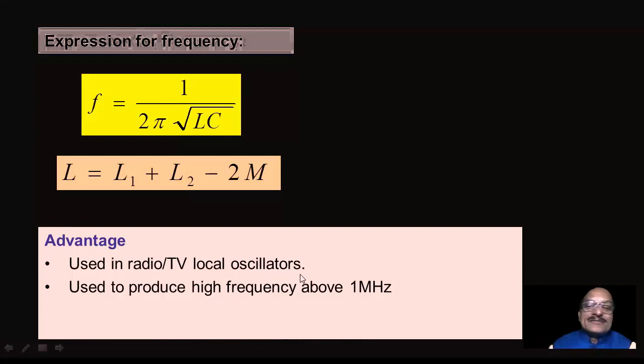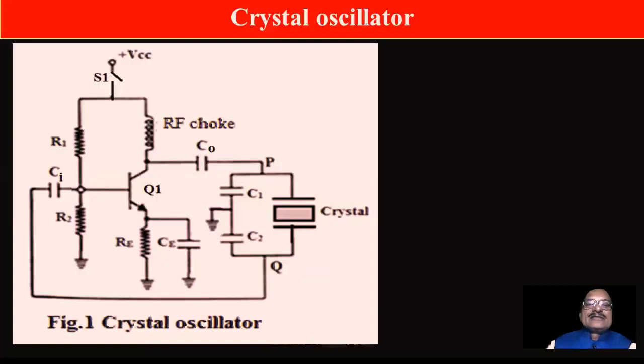We can't listen to frequencies of megahertz; human ears are not sensitive to megahertz frequency. Whatever frequency is received by the antenna of the TV or radio receiver is in kilo or megahertz, so that should be brought down to the audio range, and that is done by using local oscillators. Local oscillator circuits are designed by using either a Colpitt's oscillator or a Hartley oscillator. It is used to produce high frequency above 1 megahertz. So this is again a high frequency oscillator.